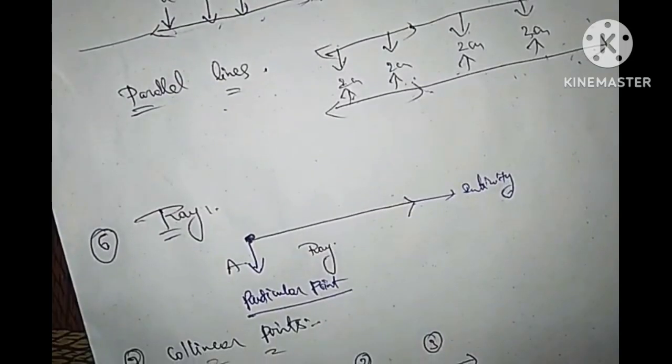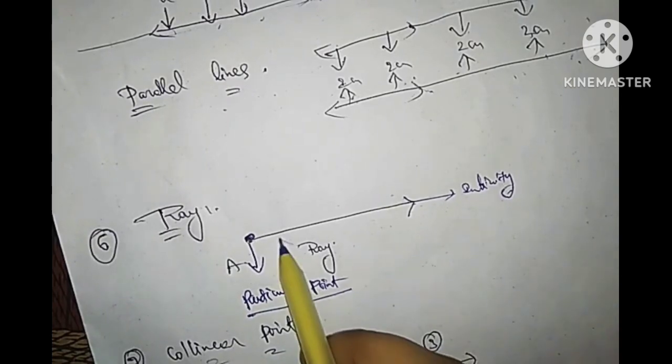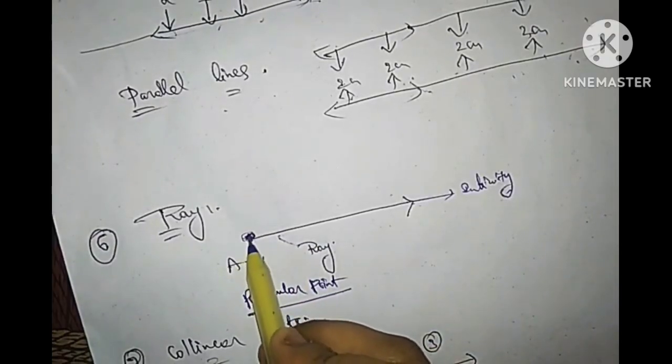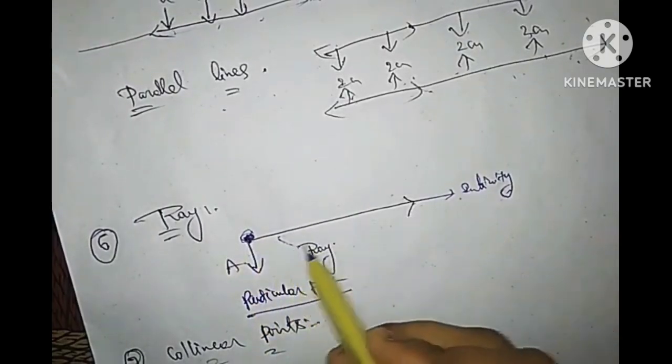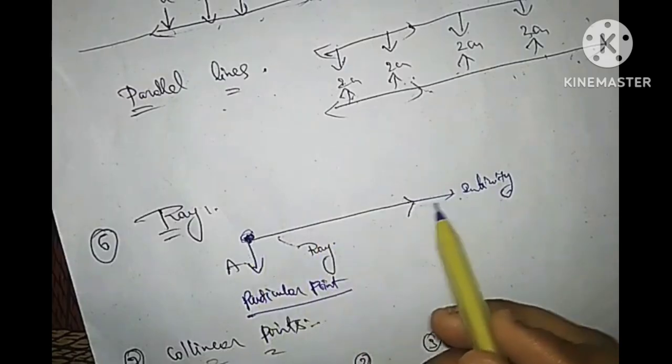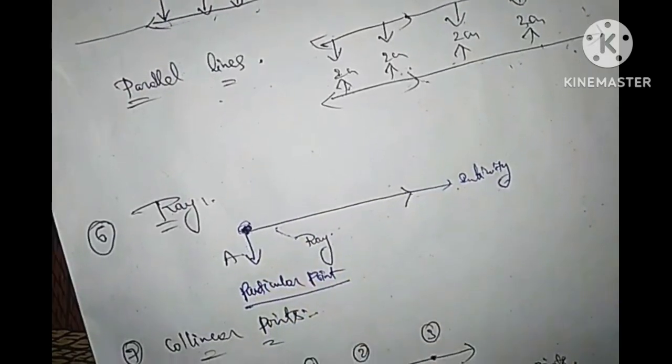In a line there are no ending points on both sides, but in a line segment there are ending points on both sides. In a ray there is only one ending point, which can be called the starting point. From there we start to draw a line, so we call it a ray.